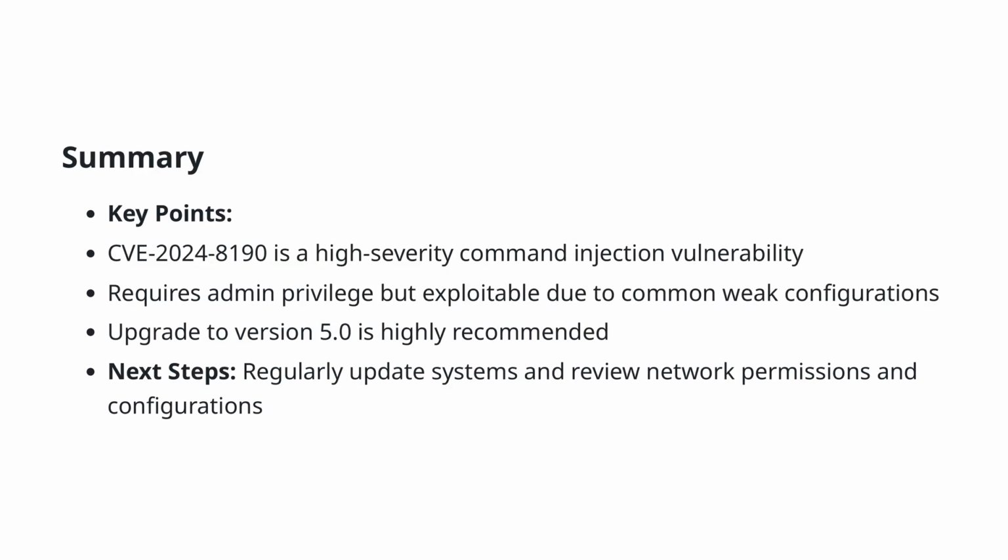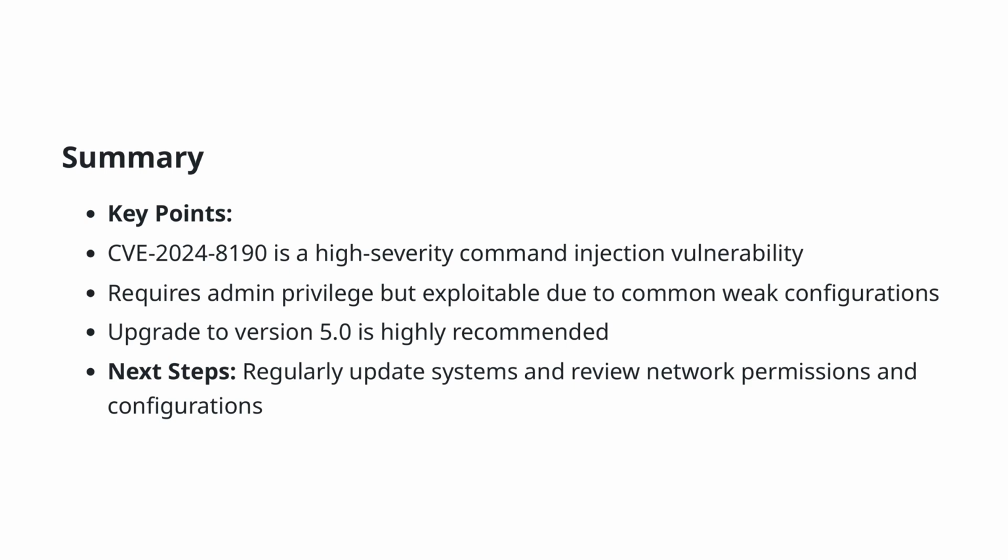Let's summarize what we've discussed so far regarding the CVE 2024-8190 vulnerability. This command injection vulnerability is categorized as high severity due to its potential impact. While it requires administrative privileges to be exploited, it's particularly concerning because common weak configurations can make systems more susceptible. It's highly advised to upgrade your systems to version 5.0 to mitigate this risk effectively.